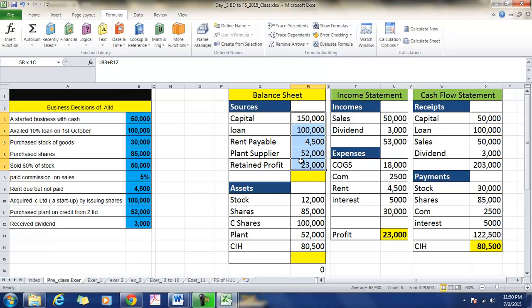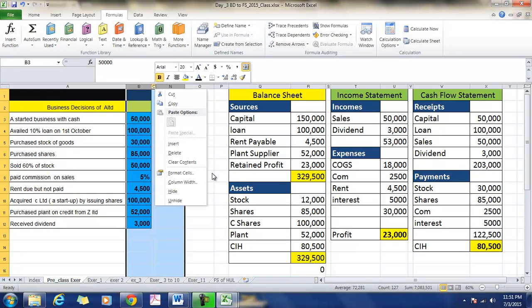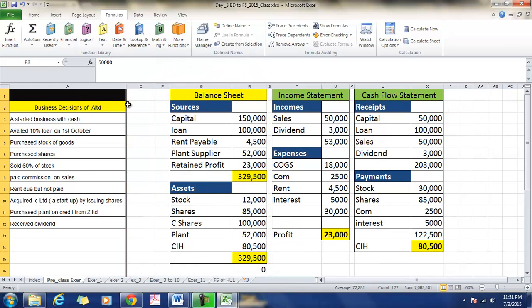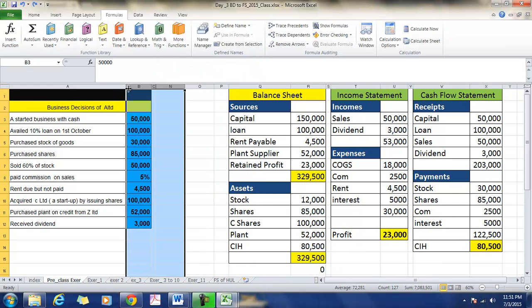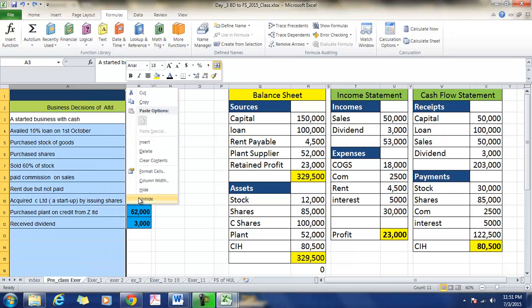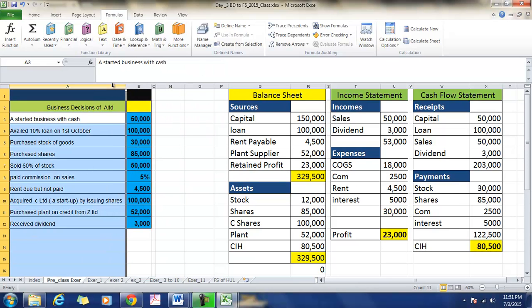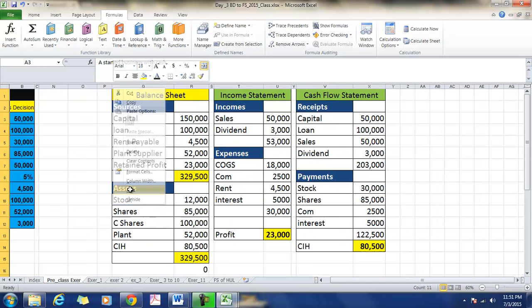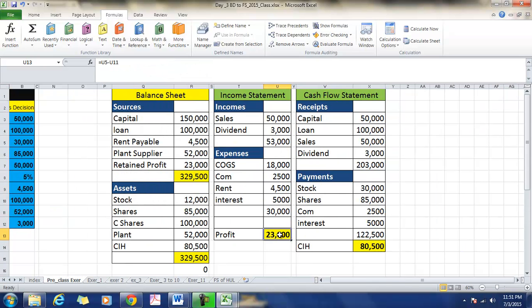So now the total sources should be equal to the total assets. We can compare that with the accounting equation, and the accounting equation also shows the profit is the same as the profit that we have derived here, that is 23,000, and cash in hand is 80,500.